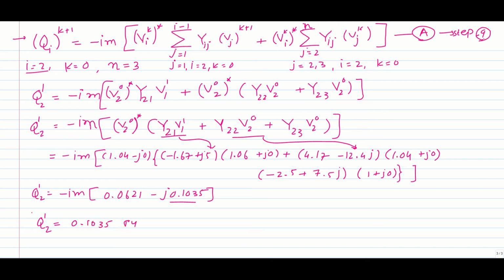This is the final answer for the net reactive power at bus number 2. Clear? I hope you have understood the calculation of reactive power at bus number 2.